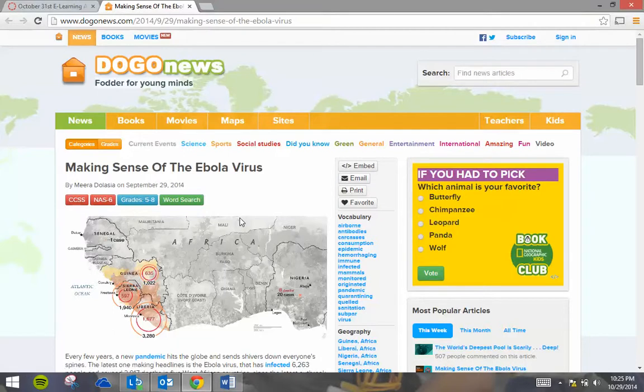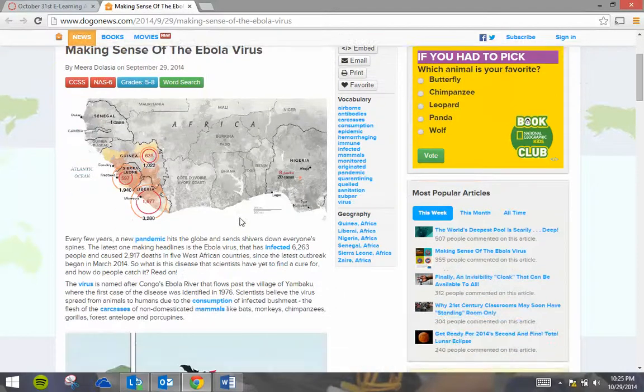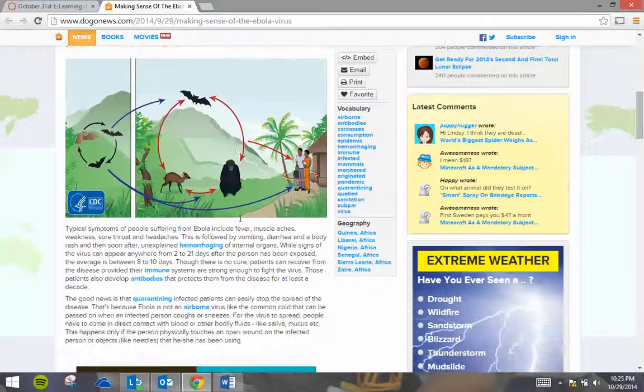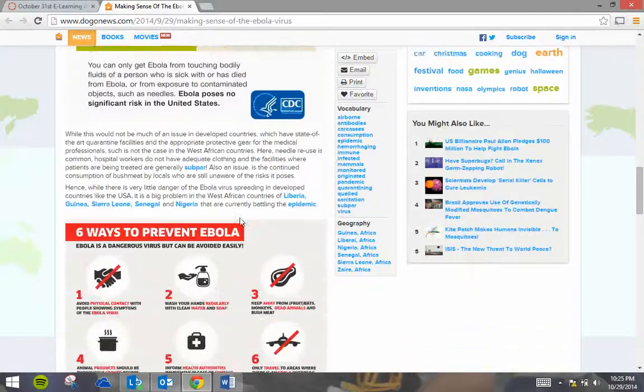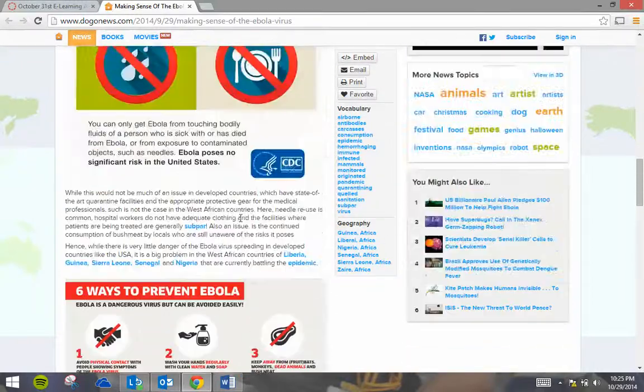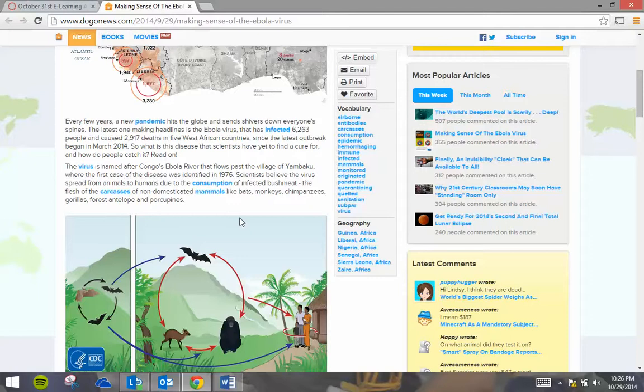This is a news article entitled Making Sense of the Ebola Virus. What I want you to do is read through this article. It's pretty short, only I think 8 or 9 paragraphs long, and they're pretty short paragraphs, only a few sentences in each paragraph.